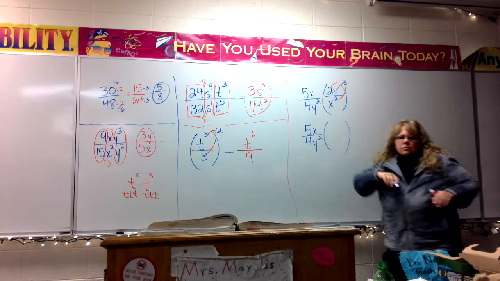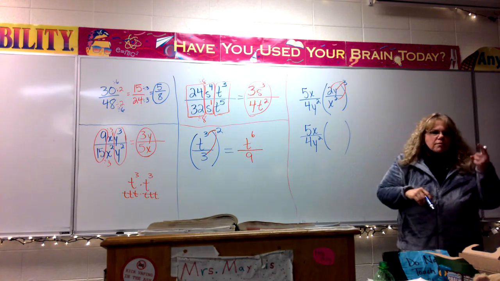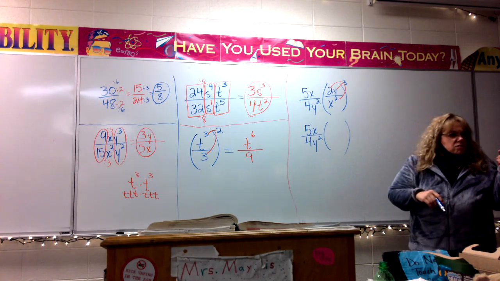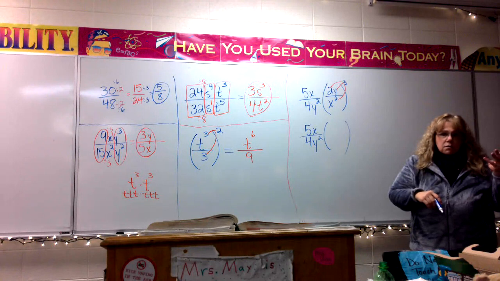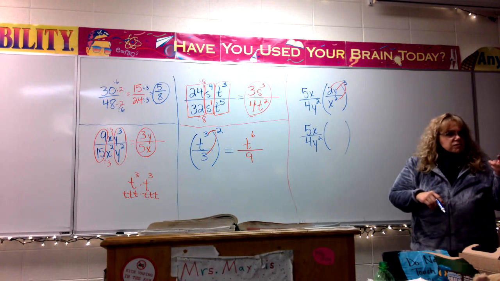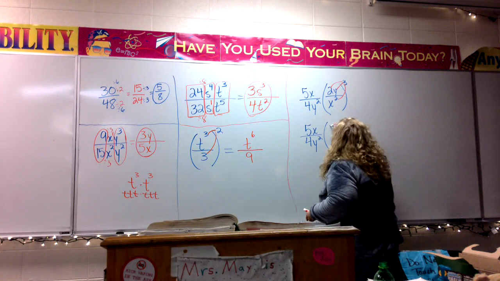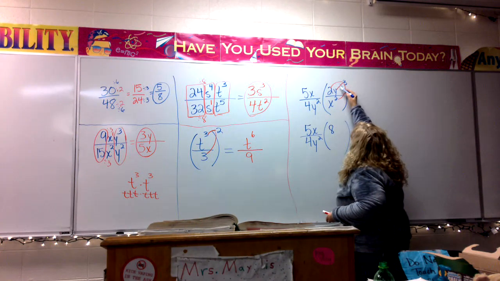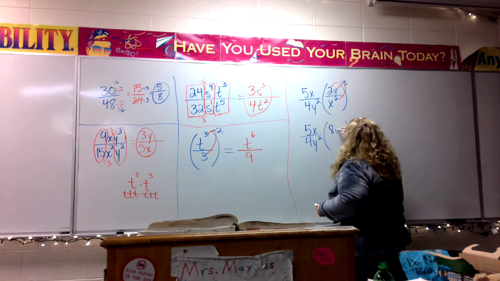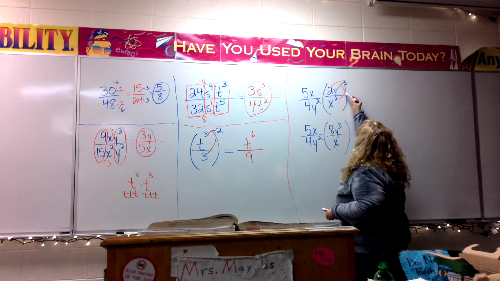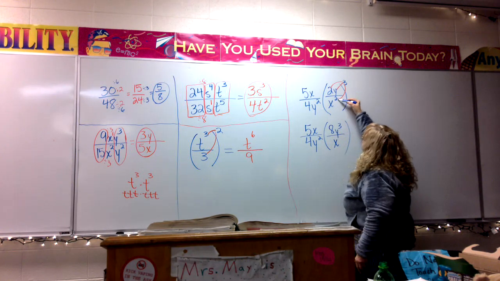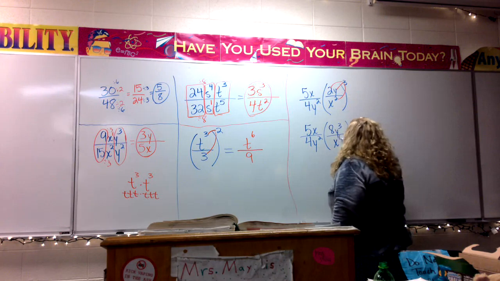And don't say 6. 2 to the third power means 2 times 2 times 2. 8, right? 2 times 2 is 4. 4 times 2 is 8. So 2 to the third is 8. This right here, y to the third over x to the 6th. Power to a power, you multiply those exponents. So that's 6.